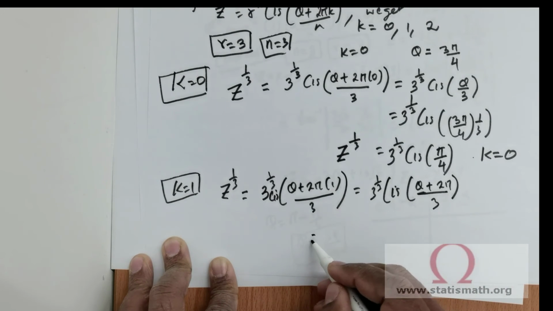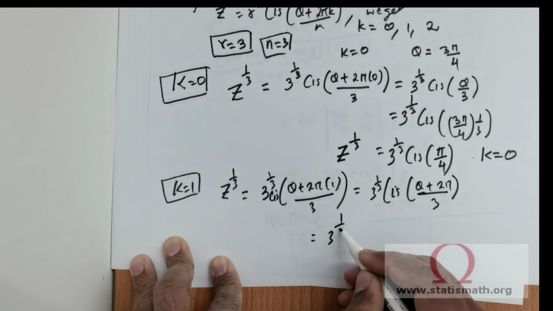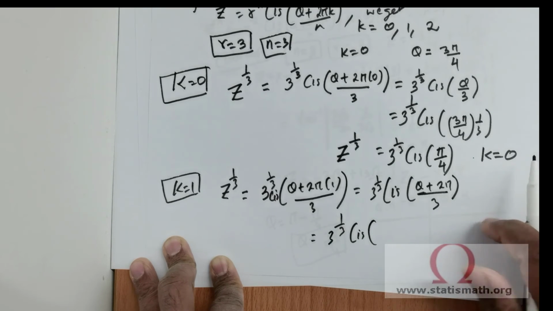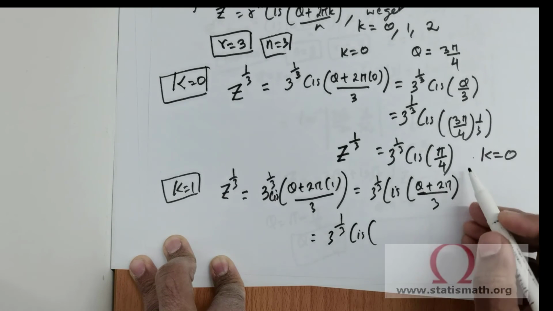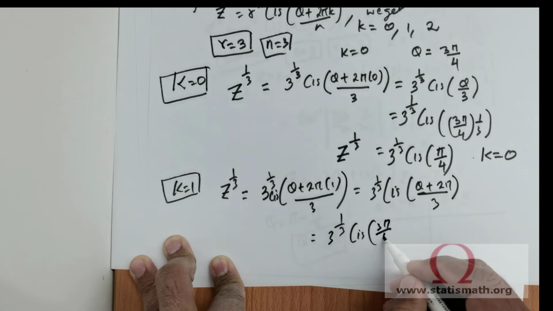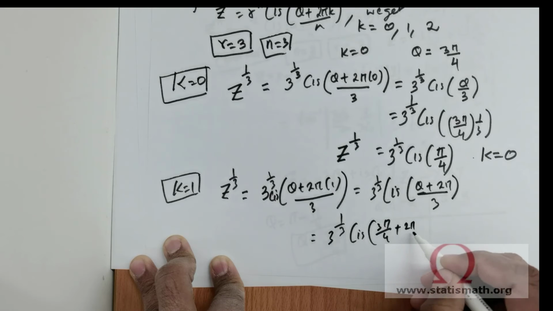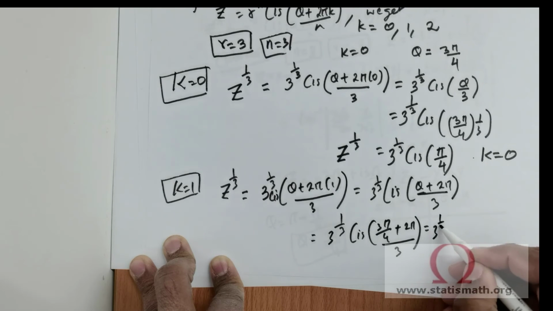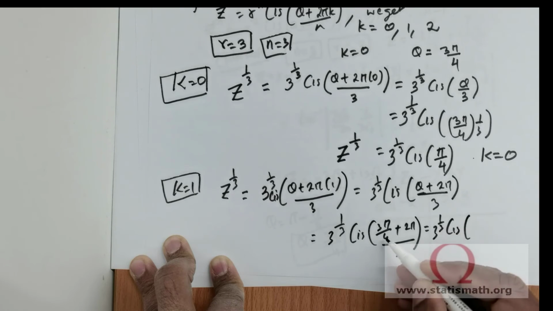Now I can substitute the value of theta, which is 3 pi over 4, so 3 pi over 4 positive 2 pi divided by 3.